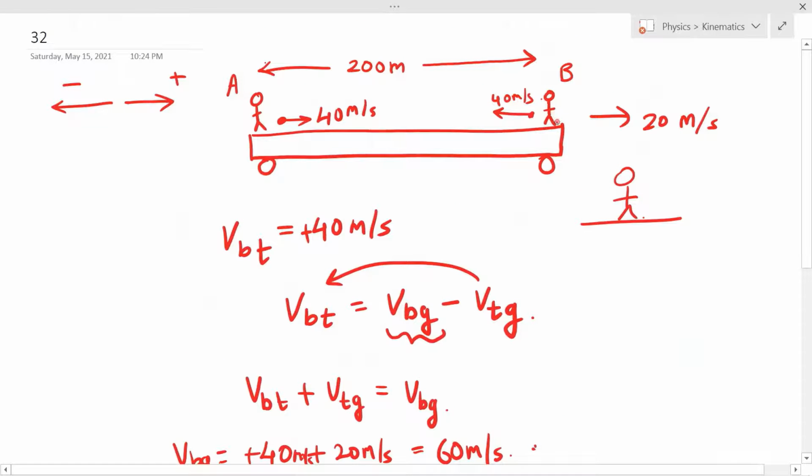And these persons are also moving with a 20 meter per second velocity towards right, sorry. Now, if I work in this frame of reference where the velocity is 20 meter per second with respect to ground, then I will assume this trolley is at rest. So I'm working in the frame of reference of the trolley.